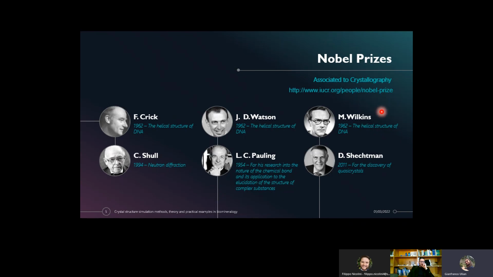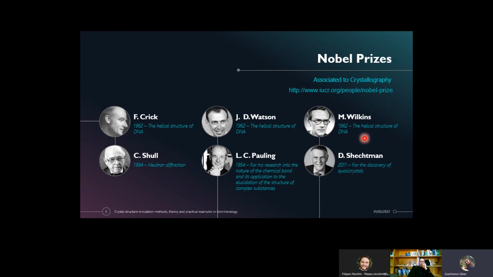And then obviously we have in 1962 Watson, Crick, and Wilkins, who won the Nobel Prize for the determination of the helical structure of DNA, a work that was pioneered by Rosalind Franklin. Then we have in more recent years Shull and Brockhouse for neutron diffraction in 1994, and almost 11 years ago, Shechtman for the discovery of the so-called quasicrystals.